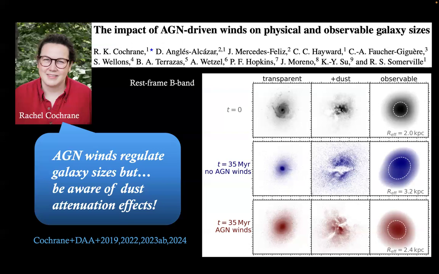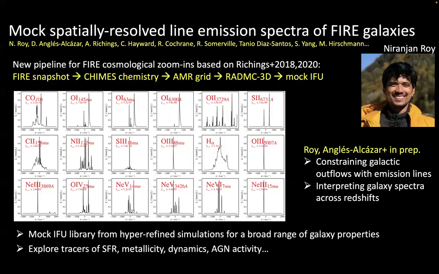Now, we are doing a lot of work recently on trying to model not just broadband photometry and spectral energy distributions, but also emission lines from the far infrared to the ultraviolet. My student, Nyanjan Roy, is putting together a pipeline where we can take a FIRE simulation snapshot and compute the abundances of different ions using the CHIMES chemistry code by Alex Richings.